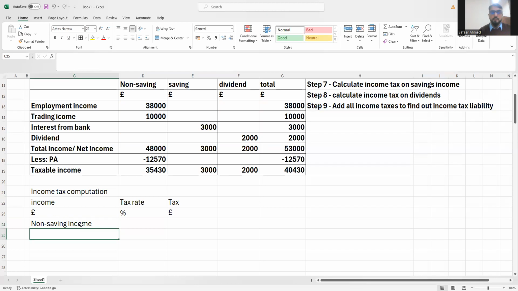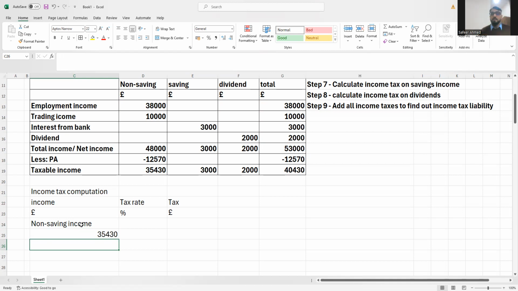So what I'm going to do is write the total amount first, just as a reminder to myself that this is the total non-saving income on which this person will be paying tax. Now, we know that the threshold is 37,700, so this 35,430 is less than that.